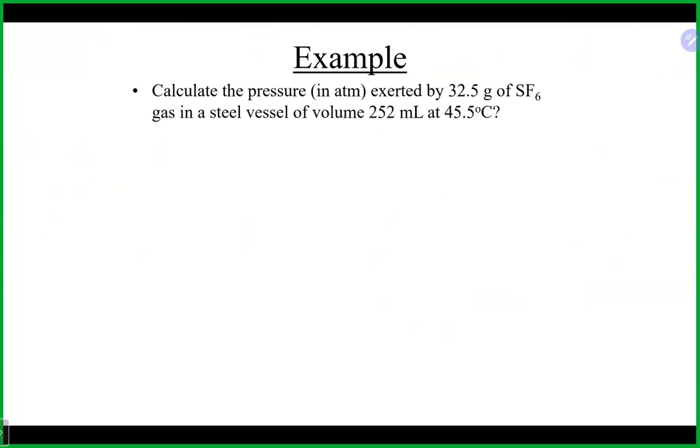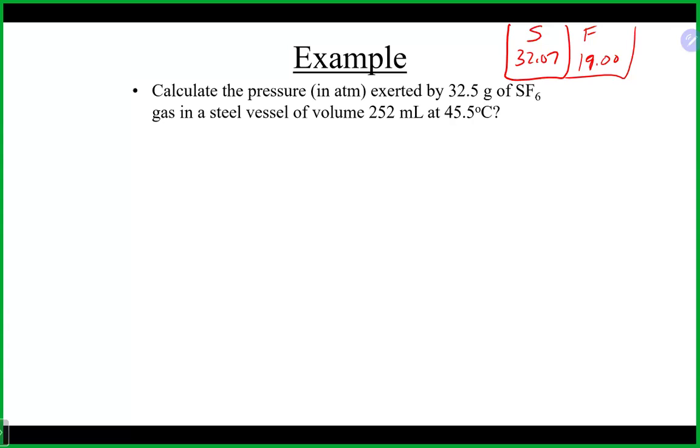So let's give this one a go here. Calculate the pressure in atmospheres exerted by 32.5 grams of SF6 in a volume of 252 milliliters at 45.5 degrees Celsius. Okay, let's take a look.